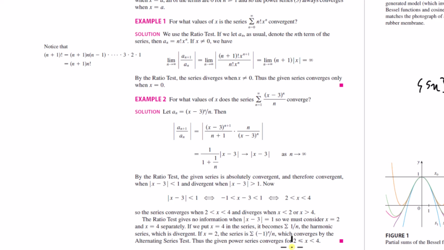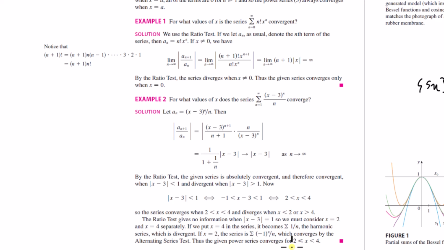So furthermore, the interval is always going to be centered about the center point as well. So you'll have the center point a, and if there is convergence, you're either going to be convergent at just the center point, or you're going to be convergent within some radius of the center point: plus a certain amount, minus a certain amount from the center point, plus infinity, minus infinity maybe.